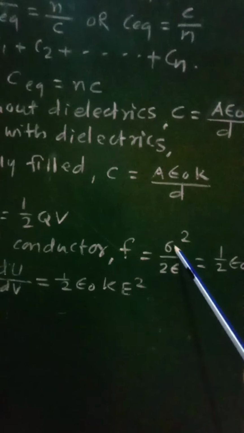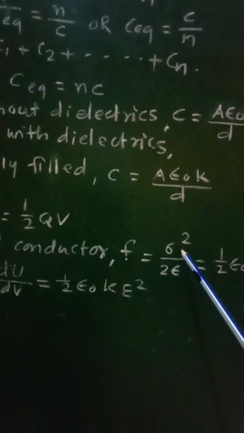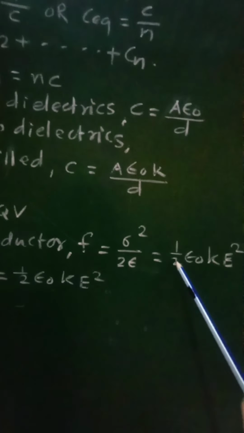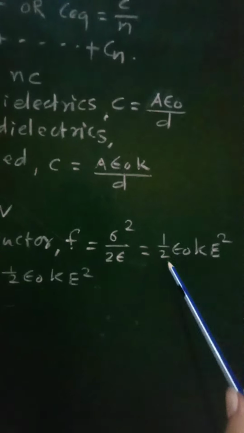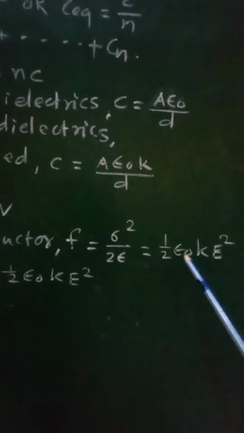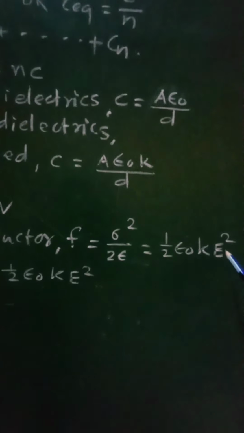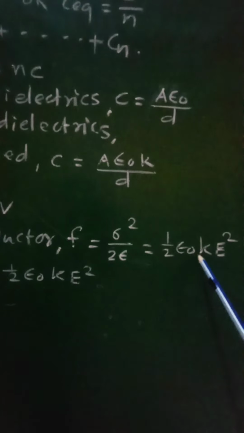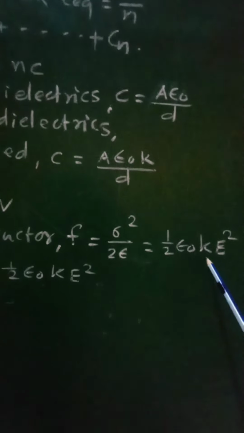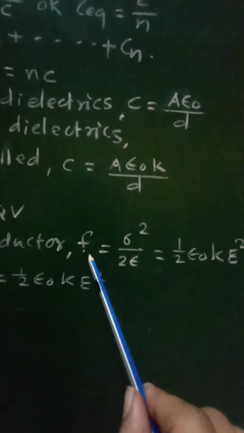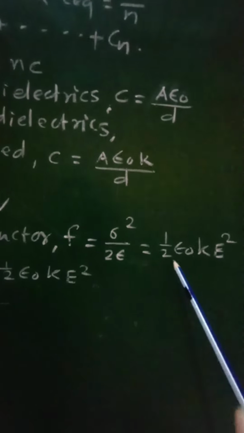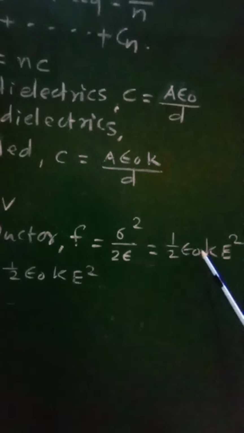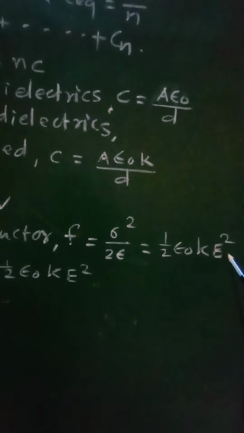Putting the value of sigma is equal to E into epsilon, we will get it as half epsilon 0 K E square, or half epsilon E square, where epsilon will be equal to epsilon 0 K. So force per unit area F is equal to sigma square upon 2 epsilon, which will be equal to half epsilon 0 K E square.